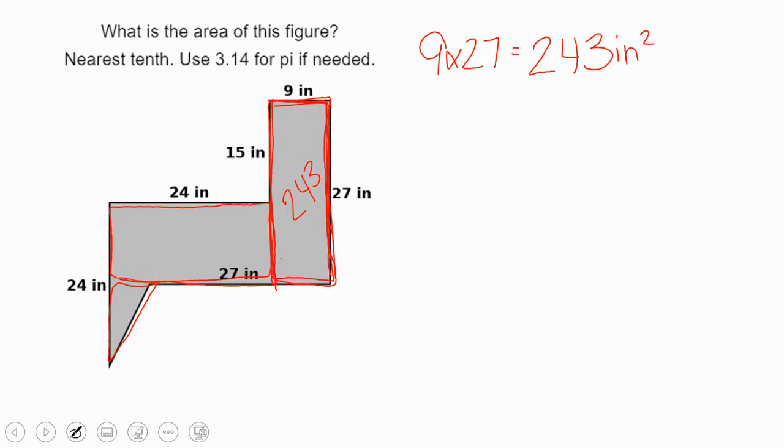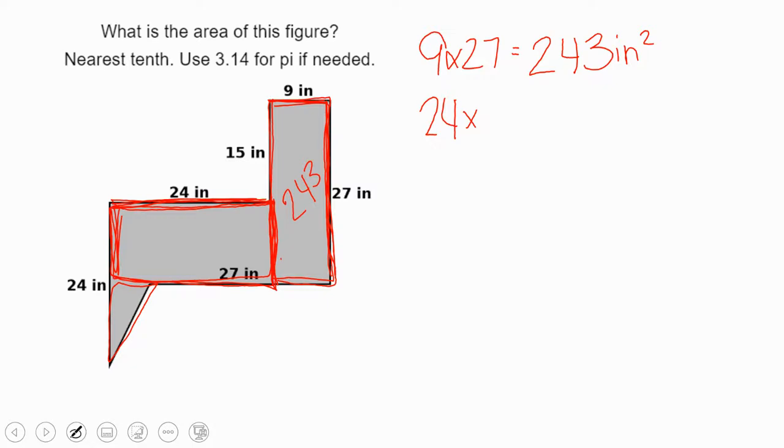Next, I'm going to find the area of this rectangle. Okay, so it's base times height. Well, I know that, or length times width, whichever one you say. So I know this length is 24. However, I don't know what this distance is. So I have to figure out how I can find that distance.